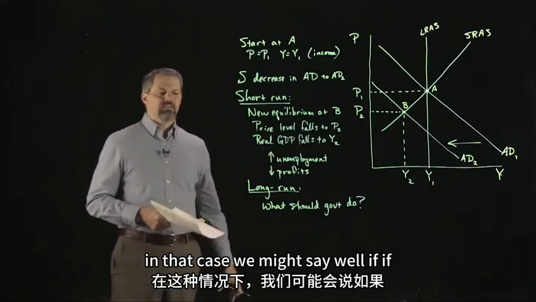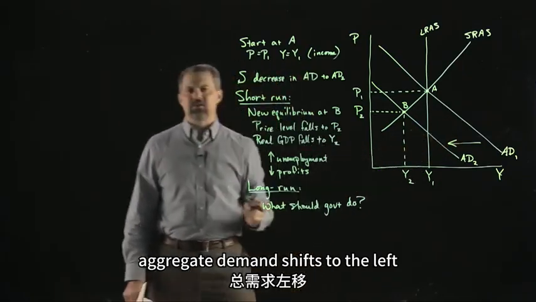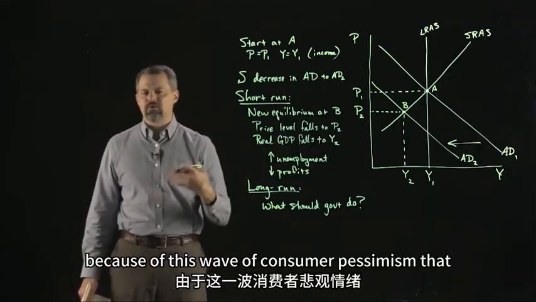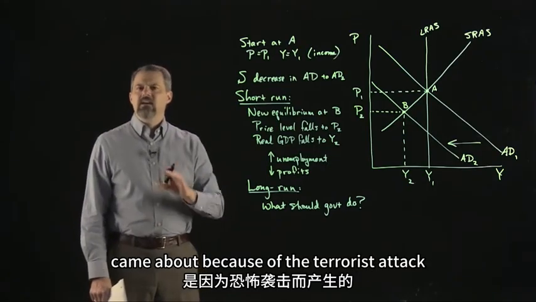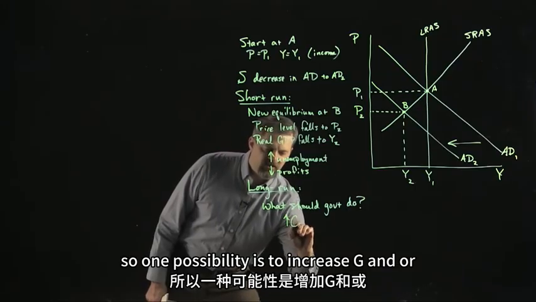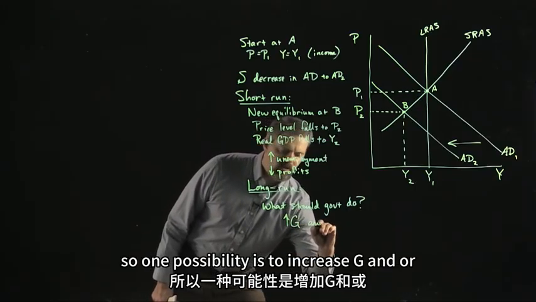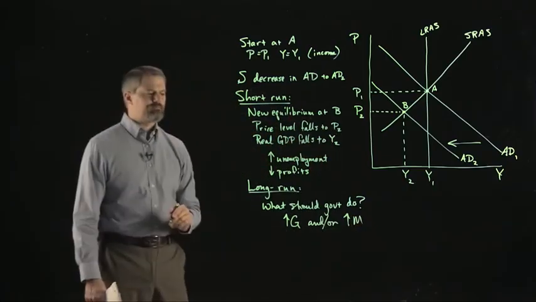In that case, we might say, well, if aggregate demand shifts to the left because of this wave of consumer pessimism that came about because of the terrorist attack, then let's increase G. So one possibility is to increase G and or increase the money supply.